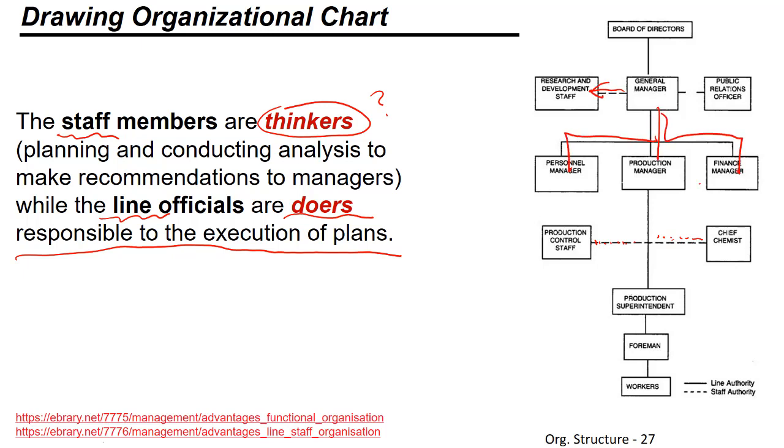Vertical are the line officials, which means you have the line of command, the line of authority, and staff authority is really the staff member. It's like legal counselors providing legal advice to, say, the general managers. And so this is something you need to know.